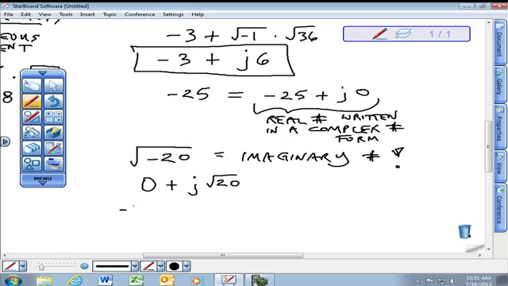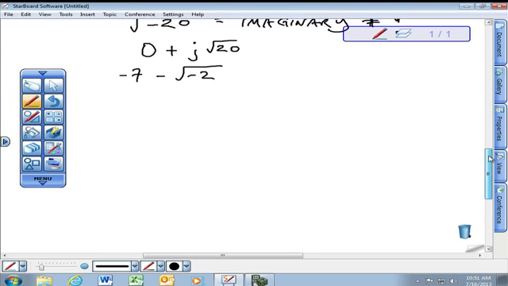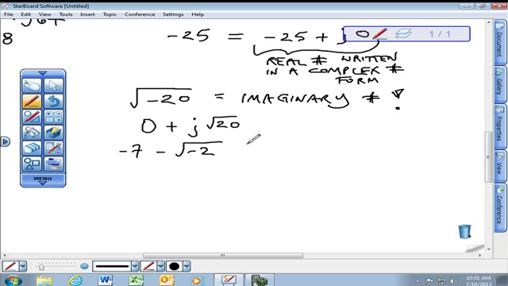How about negative 7 minus square root of negative 2? First off, let's go ahead and find out what kind of number this is. This portion is what? If there's no J associated, it's your real, right? And then here we've got a minus. We can rewrite this as a square root of negative 1 times square root of 2.